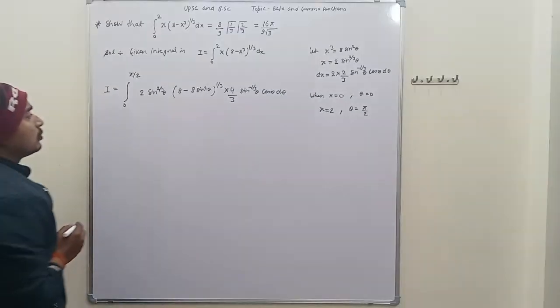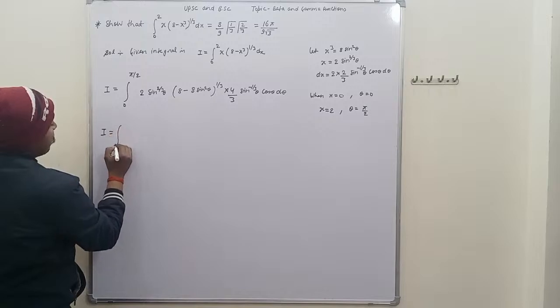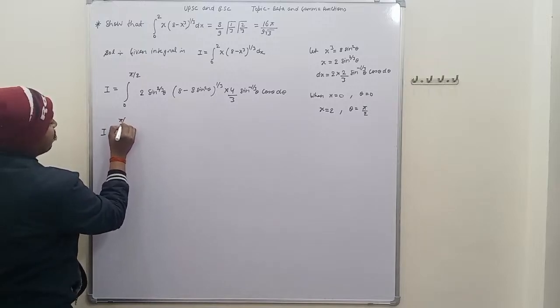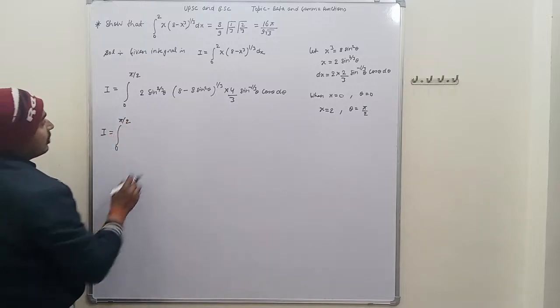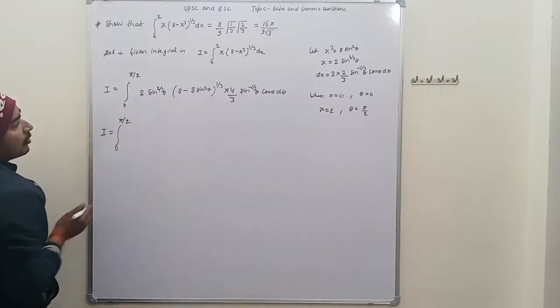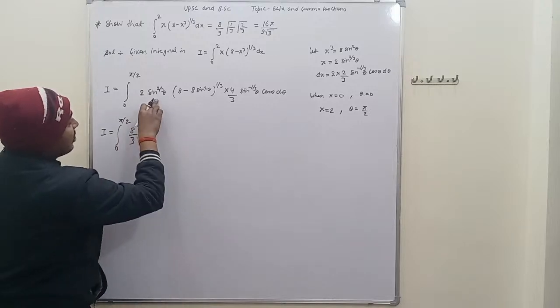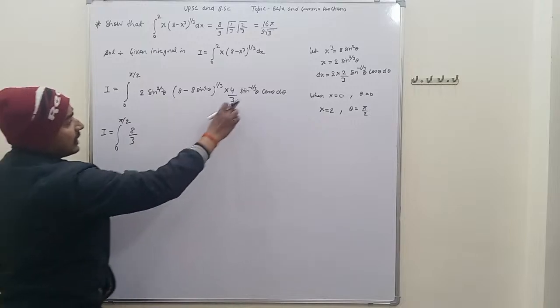Further we have to solve. This is integral I is equal to the integral from 0 to pi by 2, and this is 4 by 3 into 2, this is 8 by 3, and sin to the power 2 by 3 and sin to the power minus 1 by 3.